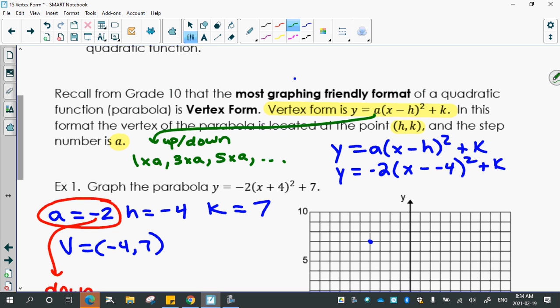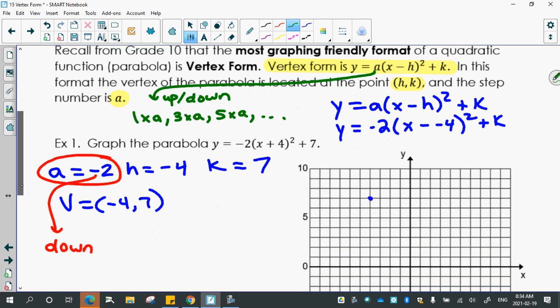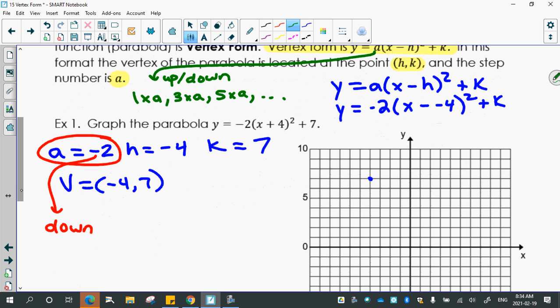So if we apply that meaning of the step value, and our step number is -2, the negative means we're going down. 1 times A, well, A is 2. The negative means down, so ignore the negative now. We just know we're going downward. We're going downward 1 times 2, which is 2. 3 times 2, which is 6. 5 times 2, which is 10.